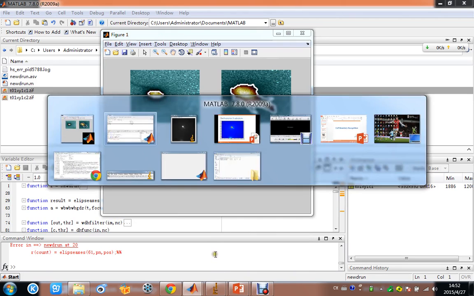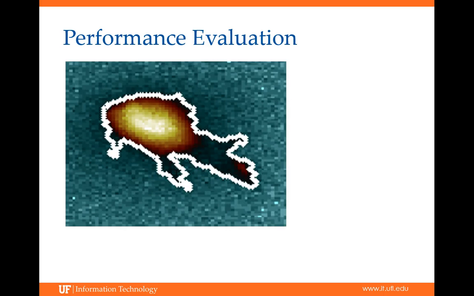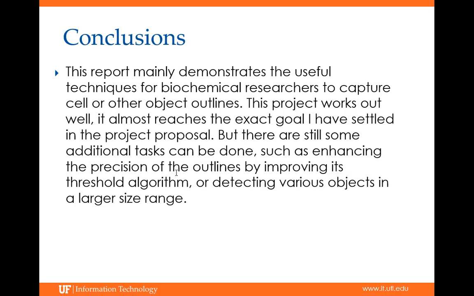Alright, back to the PowerPoint slides. This is a picture after threshold. This is the result. To make a conclusion, I think this report works exactly what I need, but there's still some more places I need to improve.